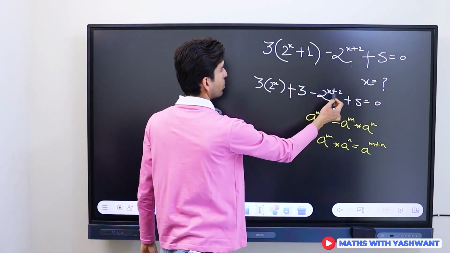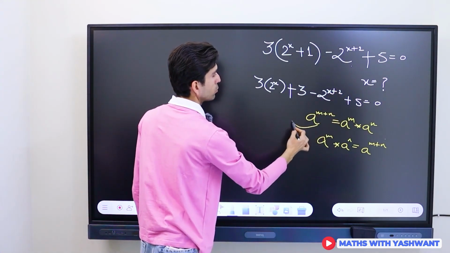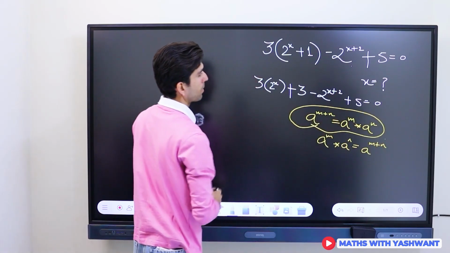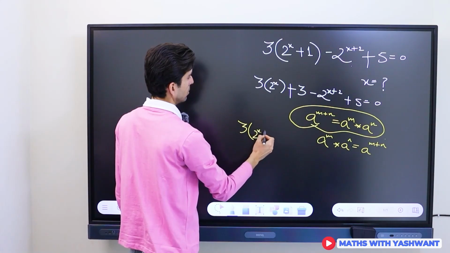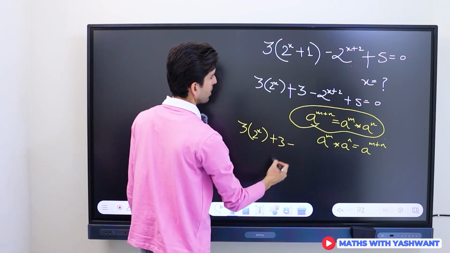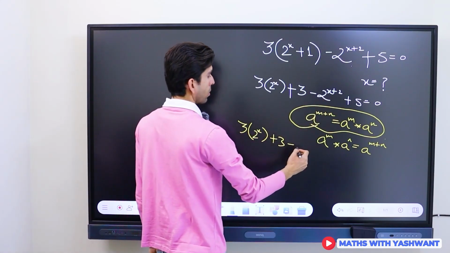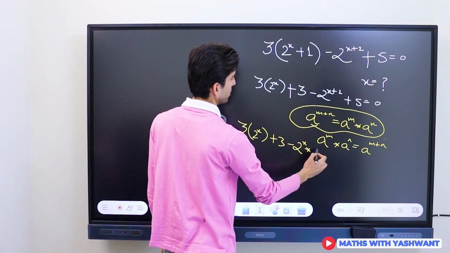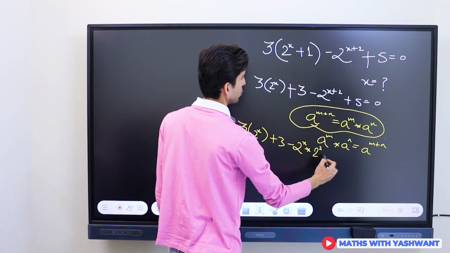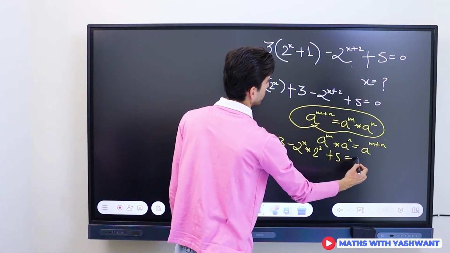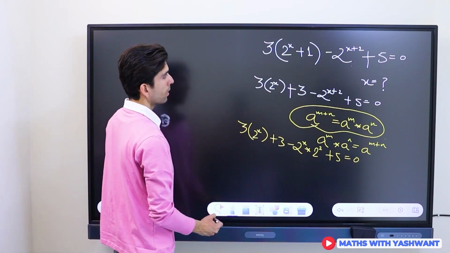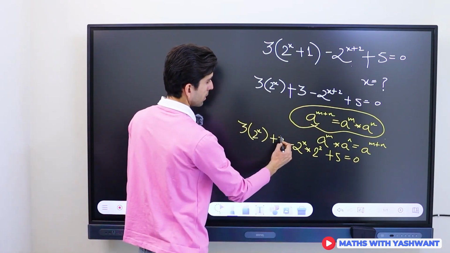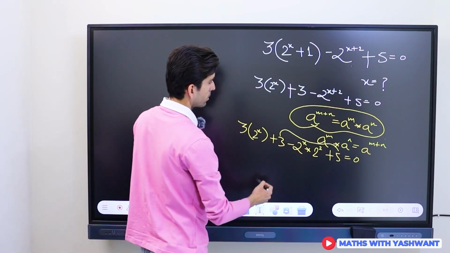So here 2 to the power x plus 2, we use this law a to the power m plus n. So in place of 2 to the power x plus 2, we can write 2 to the power x into 2 to the power 2, with a plus 5 is equal to 0. Now I can add this 3 and 5 together.